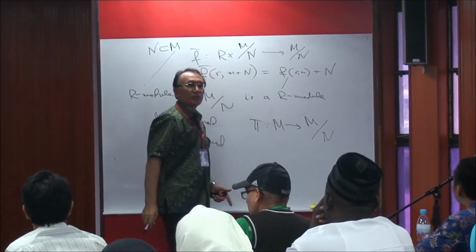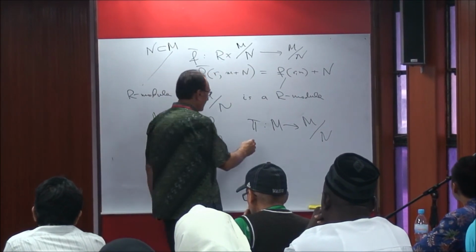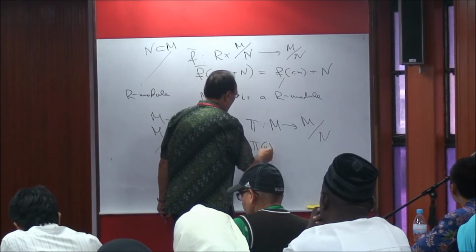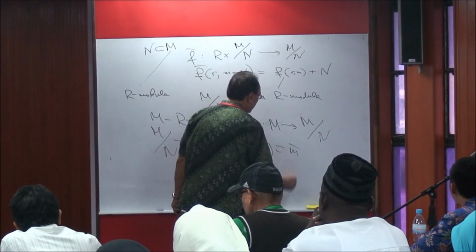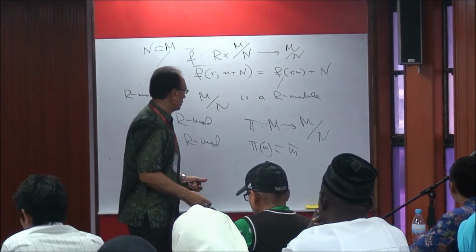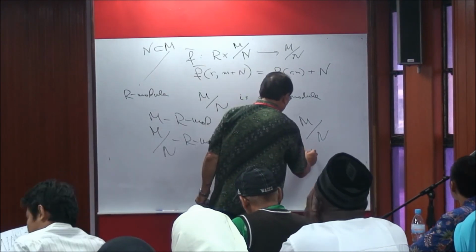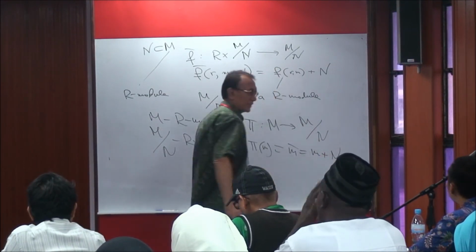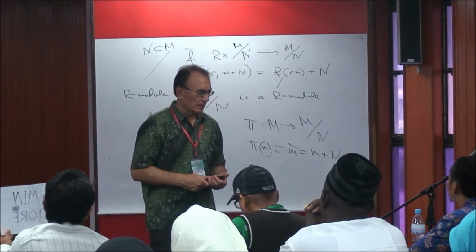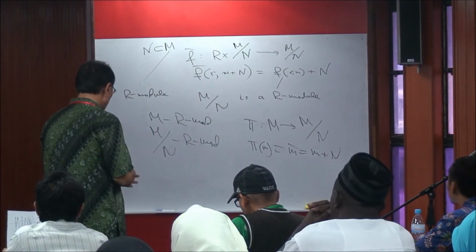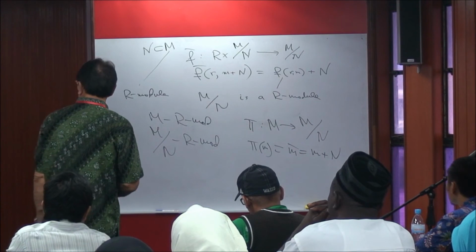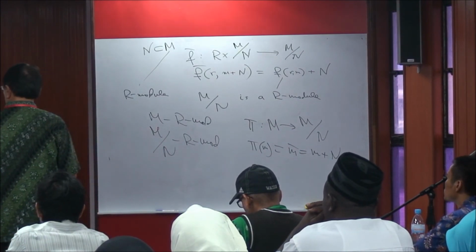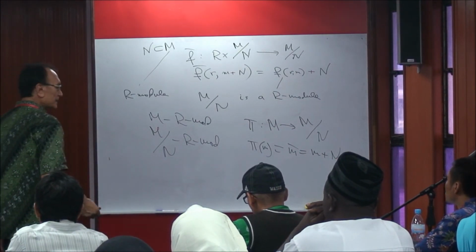This is well known for groups also. How to define it: pi of m is m bar, which is m plus N, the coset with respect to m. This is easily verified to be an R-module homomorphism.